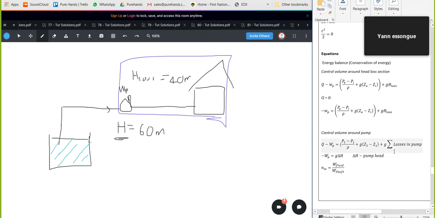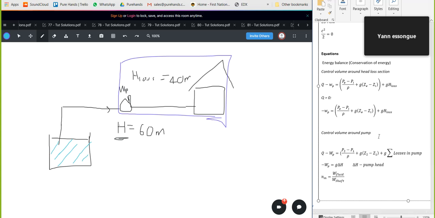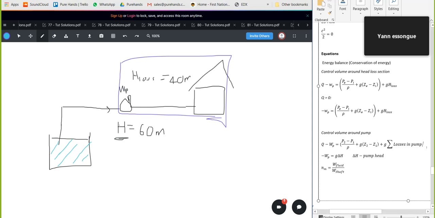So obviously if it's an adiabatic turbine control volume, or if it's adiabatic, Q equals 0, I just quickly want to write down the equations. If Q equals 0, and it's adiabatic, and there's no losses in the pump, which means we're only going to deal with the first part.